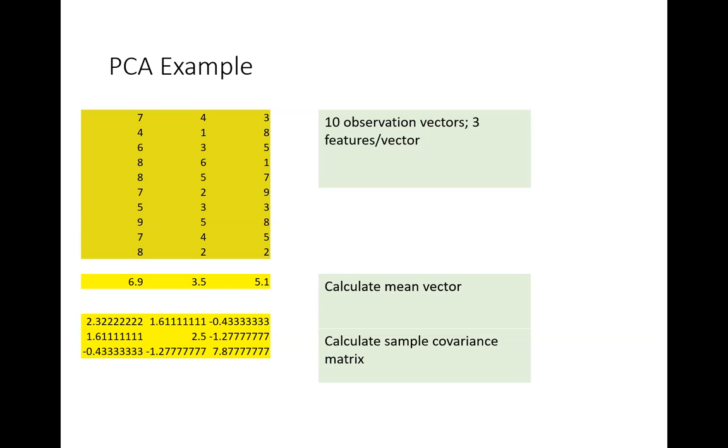And similarly, you have the second row and third. So basically, we have started with the data, we got the mean vector, we got the covariance matrix. Now in order to construct matrix A for applying the transformation, we need to calculate the eigenvalues and eigenvectors of this covariance matrix.